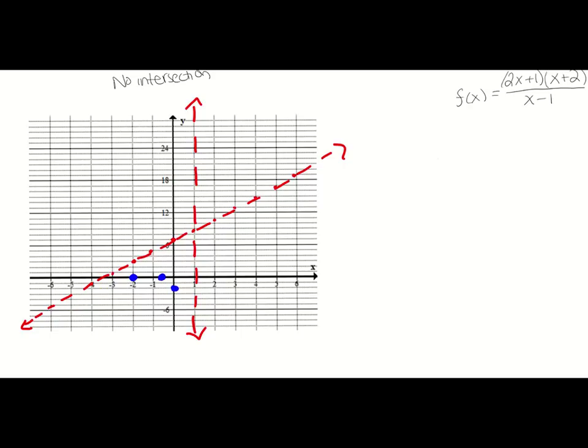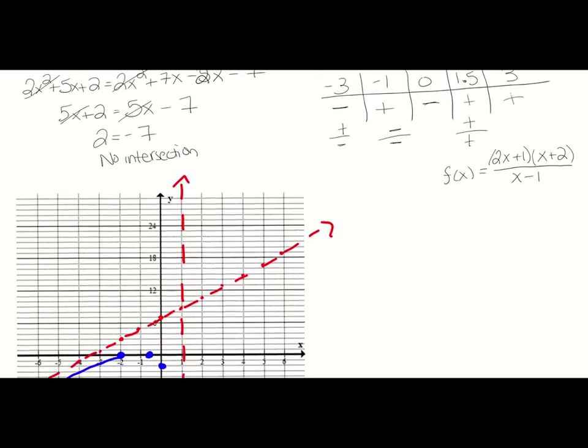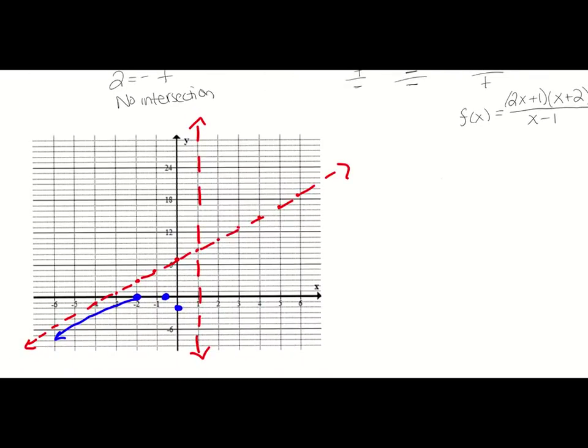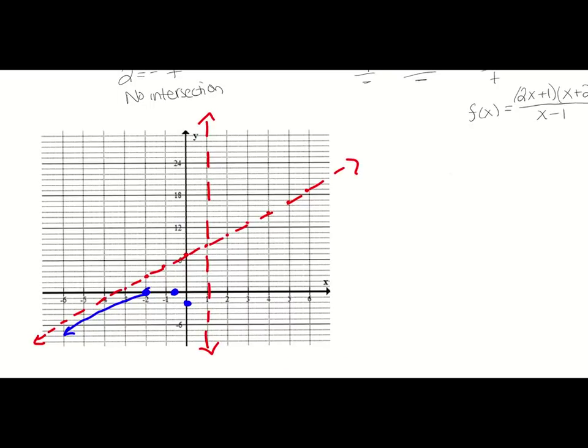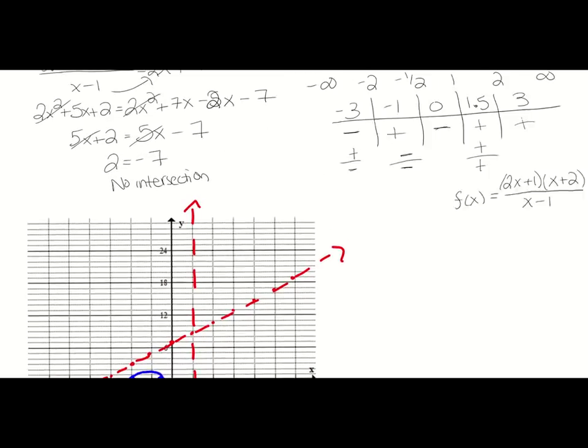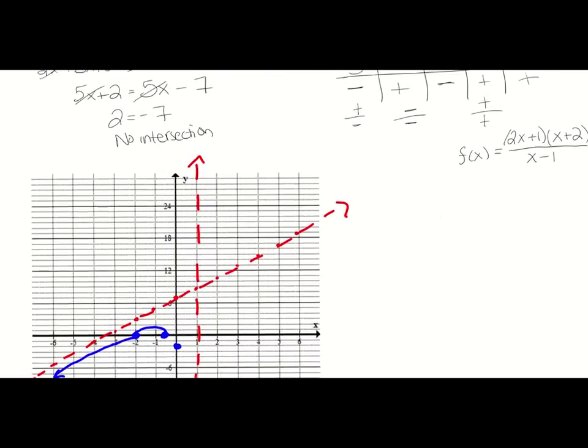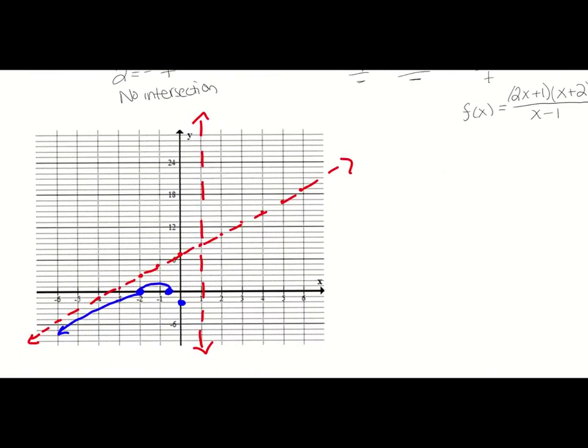From -2 to -1/2, sorry, I'm above. It's a positive. So I'm going to connect those 2 points above the x-axis. Then from -1/2 to +1, so to the vertical asymptote, I am below, which makes sense because I need to connect to my y-intercept and I need to run along my asymptote.